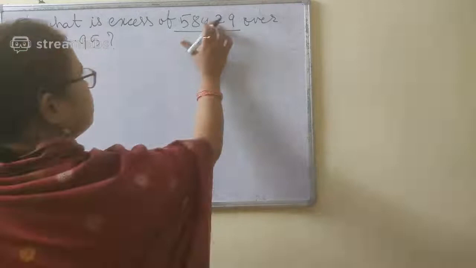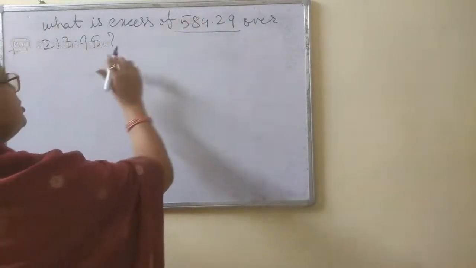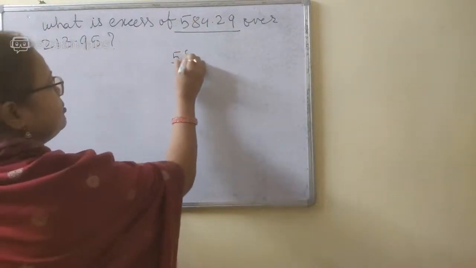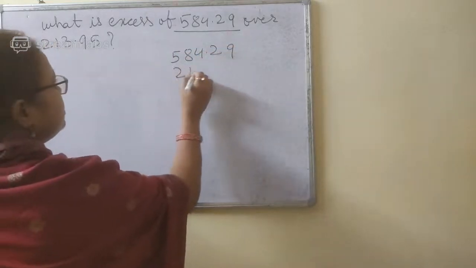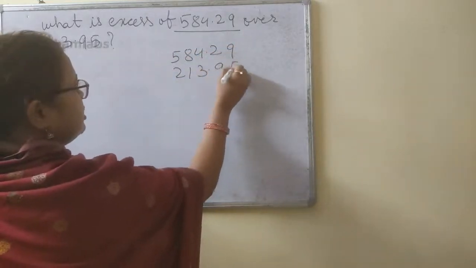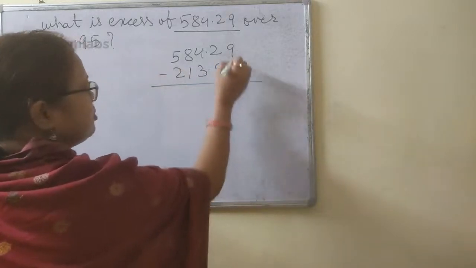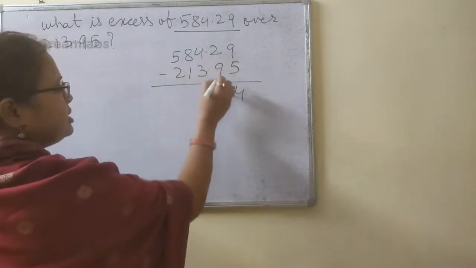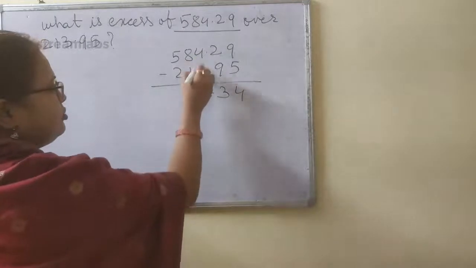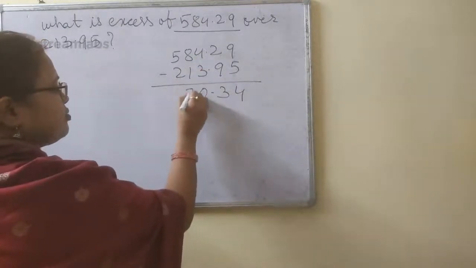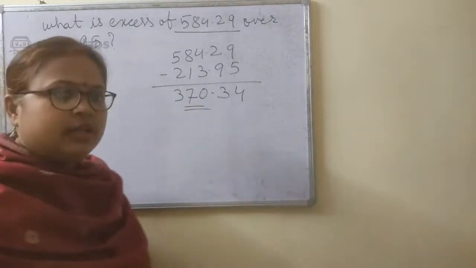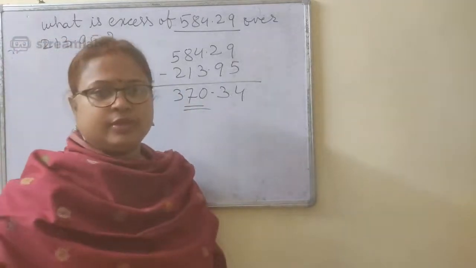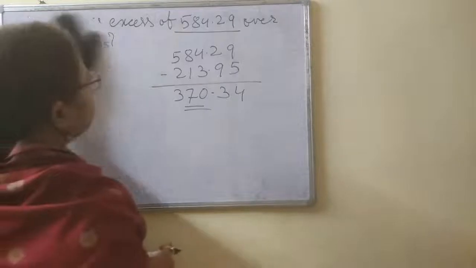You have to subtract this from this. So we will write 584.29 and then 213.95. So 9 minus 5, 4. 12 minus 9, 3. Then 3 minus 3, 0. 8 minus 1, 7. And 5 minus 2, 3. So 370.34. Okay.